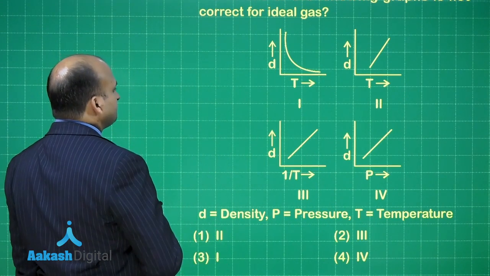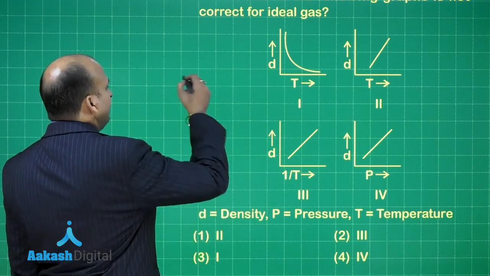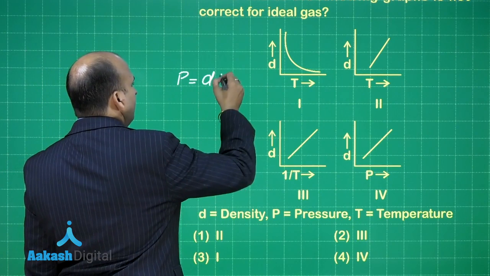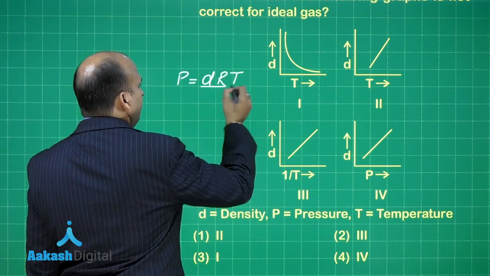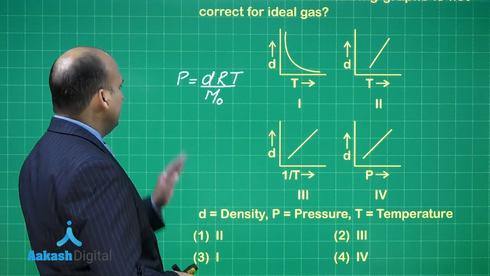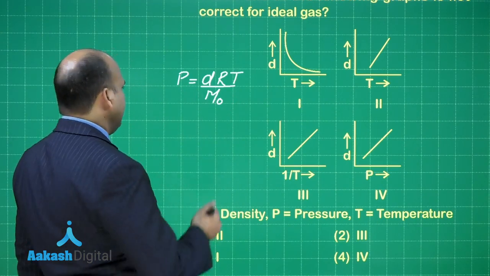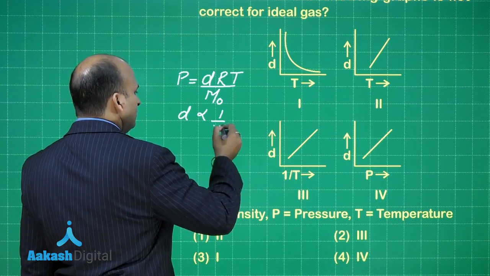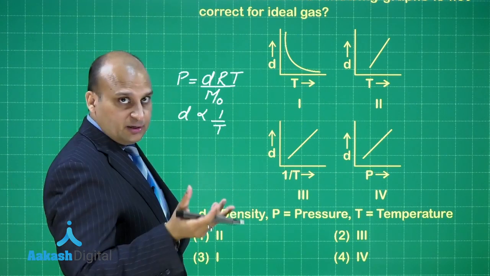See, when you talk about the ideal gas, you say P is equal to D R T by m naught, where m naught is the molar mass of the gas. So as per this relation, I can say that D should be inversely proportional to T. First case, let us see what graph you can plot.